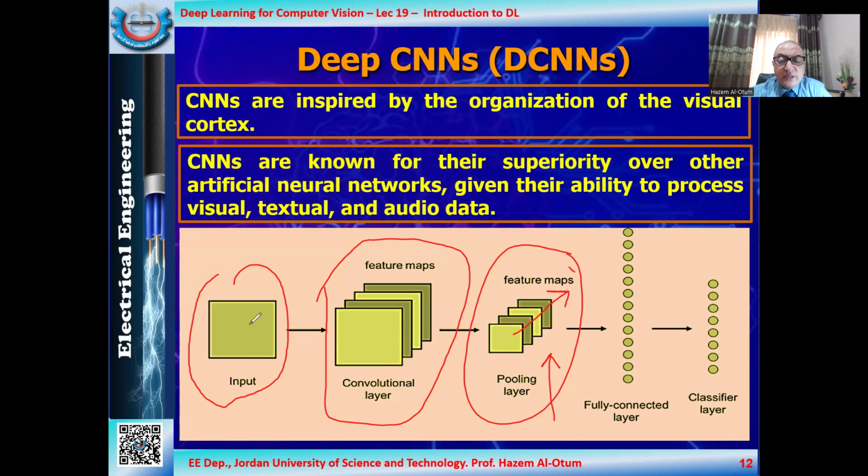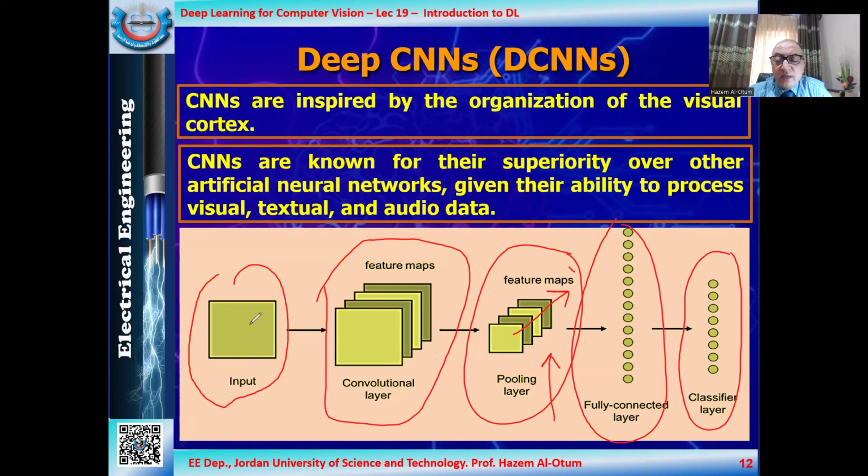Then after getting the proper feature maps, which help us get a proper output, it will be flattened and applied to a fully connected layer with a neural network. And lastly, we have the classification layer.